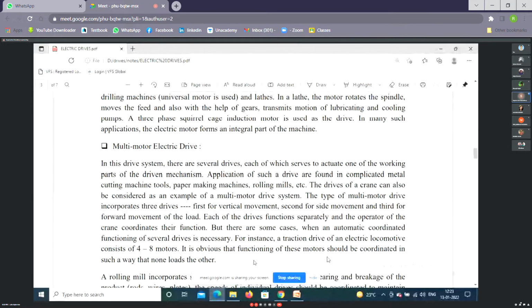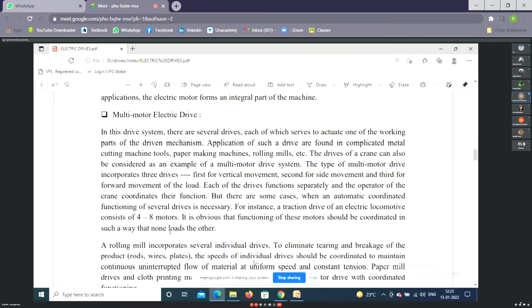For instance, a traction drive of an electric locomotive consists of 4 to 8 motors. So it is obvious that the functioning of these motors should be coordinated in such a way that none of them works against the others. Otherwise, one motor will load the other.